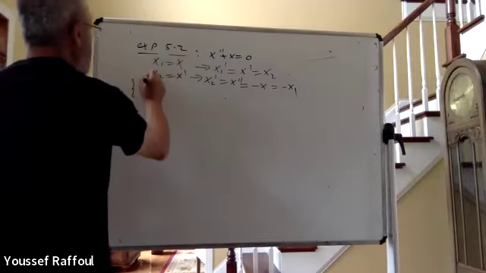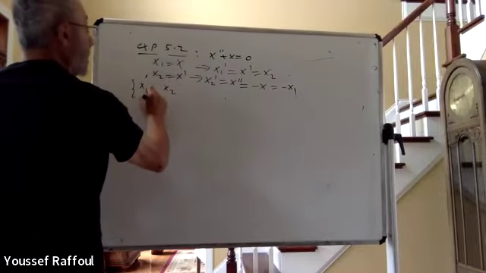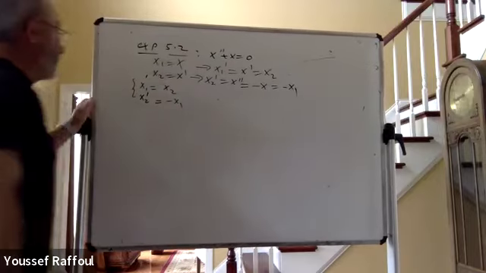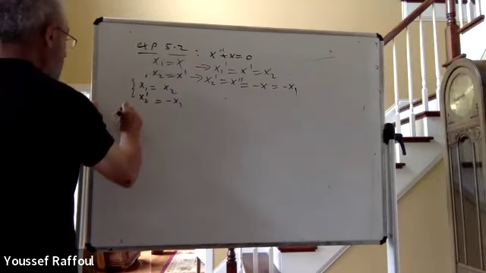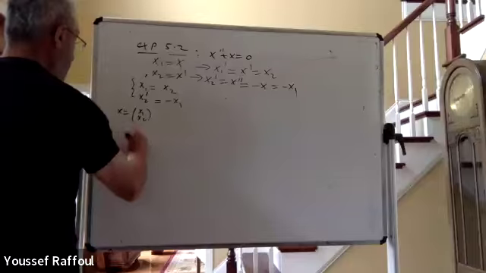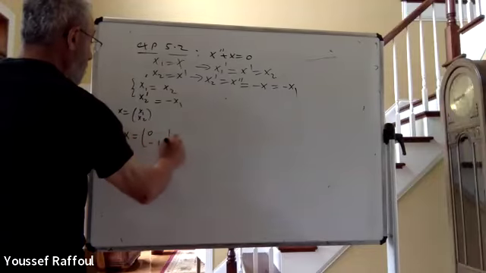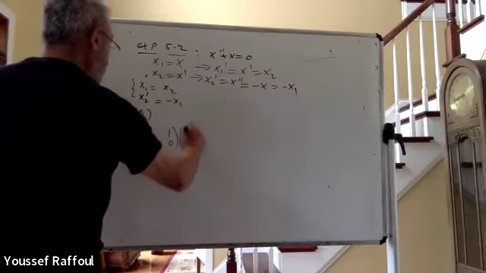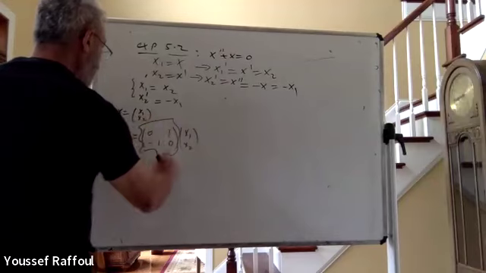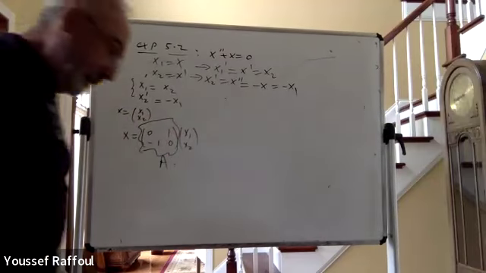So we have x1 prime is x2, x2 prime is minus x1. So I can write this as x prime equal to the matrix 0, 1, minus 1, 0 times x1, x2. So this is our A.